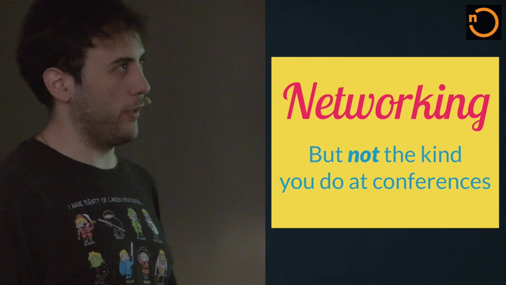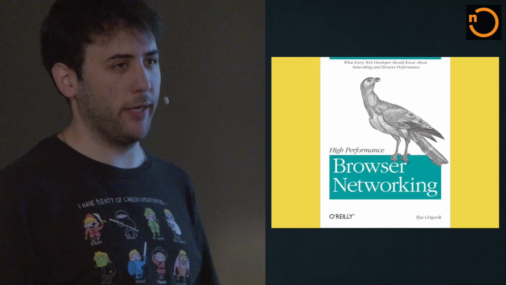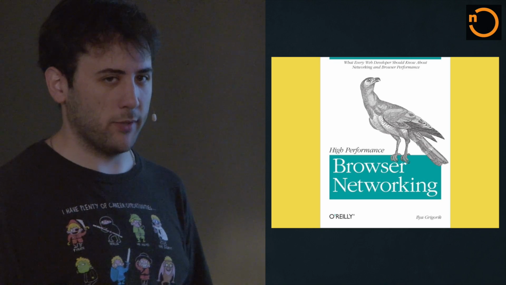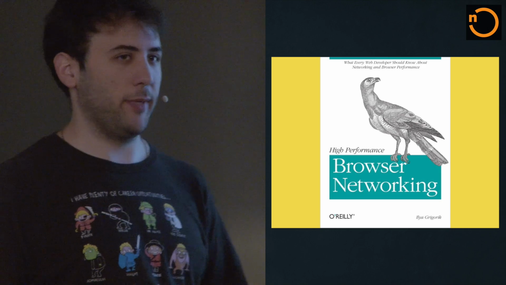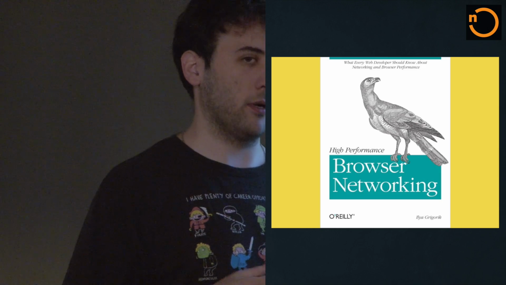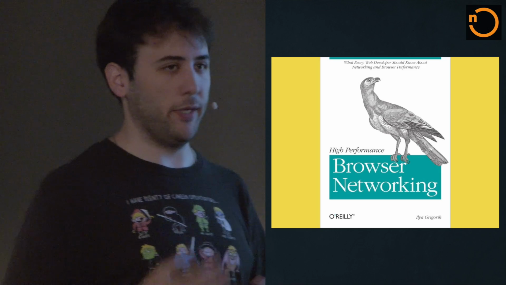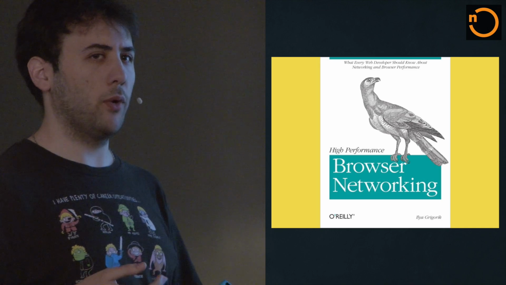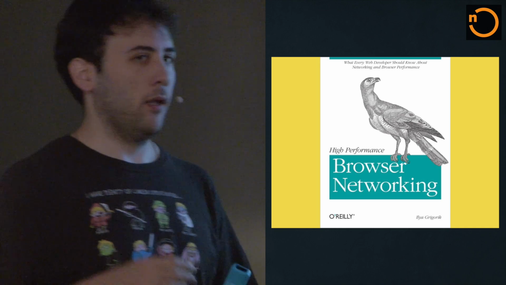And in this regard, I highly recommend that you read this book from Ilya Grigorik, High Performance Browser Networking. It's really interesting because he speaks about all of the lower level protocols that underlie the web, such as TCP, HTTP, but also the newer ones like WebSocket, WebRTC, and stuff like that.